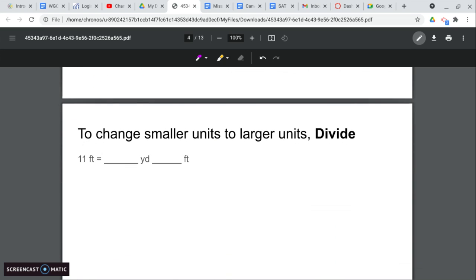Now to go in the reverse way, to change smaller units to larger units, we divide. So we're going from feet to yards, but we're going to have some left over. That's why there's the extra blank there. So 3 feet equals 1 yard. So we're going to take 11 and divide it by 3. 11 divided by 3 is going to give us 3 full yards.